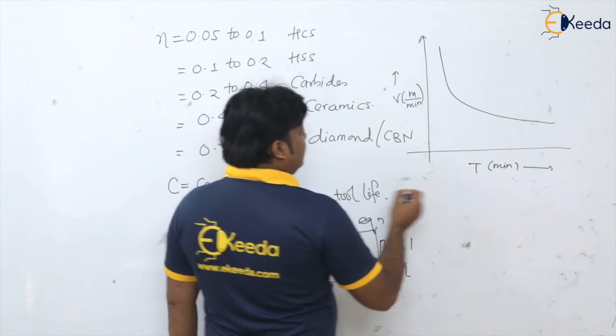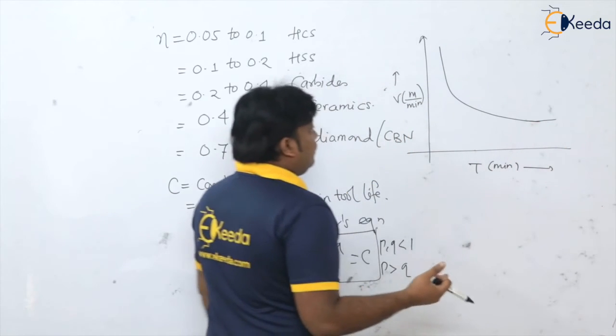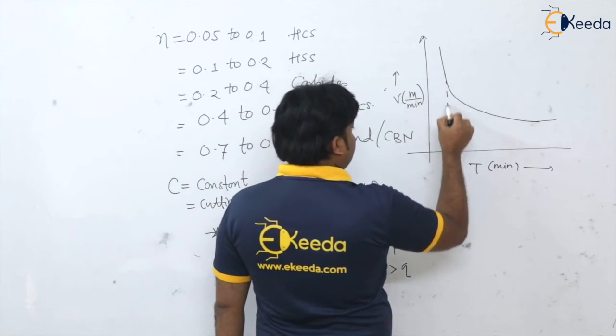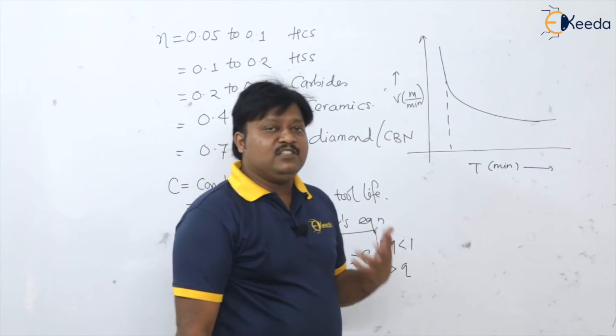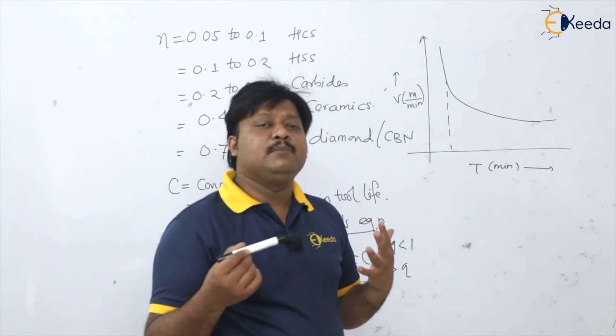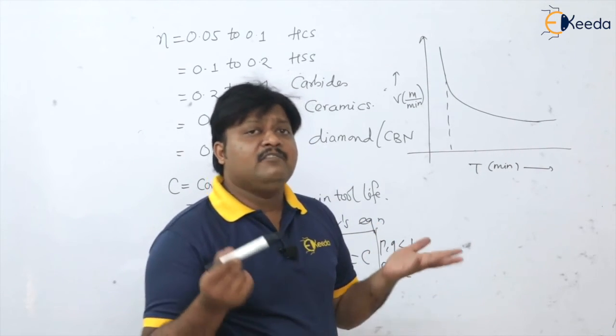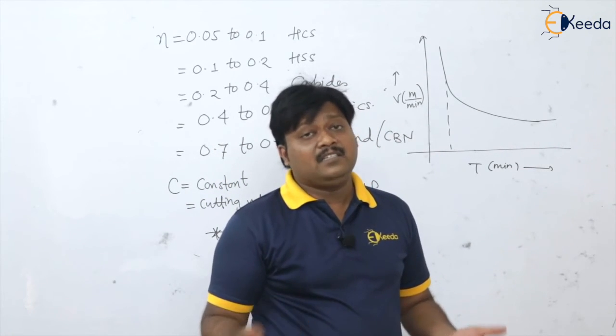So see here, if you want the maximum tool life, then definitely you have to decrease the speed, isn't it? But decrease in speed is not the solution, because when you are decreasing the speed, material removal rate is coming down, and when the material removal rate is coming down, your production rate is coming down, isn't it?